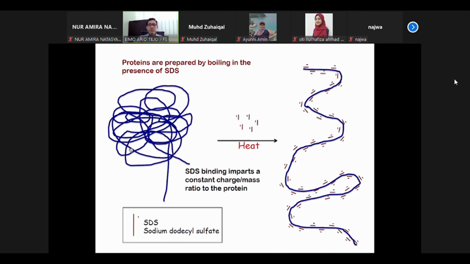The protein will form a folded structure. So the way the protein migrates in the gel depends on the size and on the conformation of the protein. So it doesn't really reflect the size.